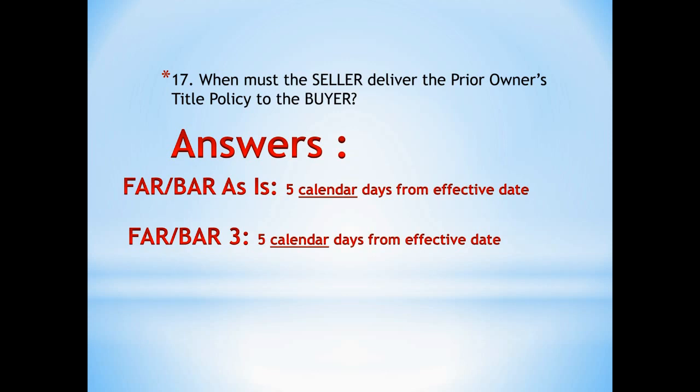So if the seller is trying to get a discount on the new policy, oftentimes they are required to give the prior owner's title policy to the title company. When they do that, they should also be sending that out to the buyer for review as well. And then under the CRISP 14, it's 5 business days from the effective date.